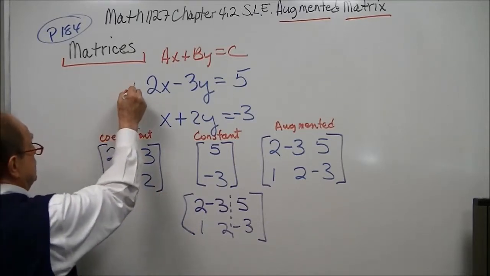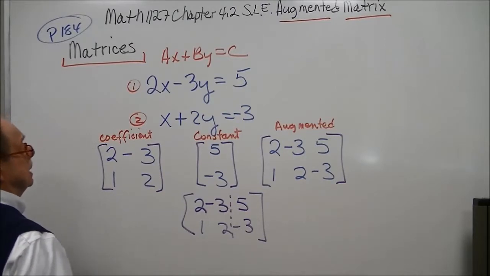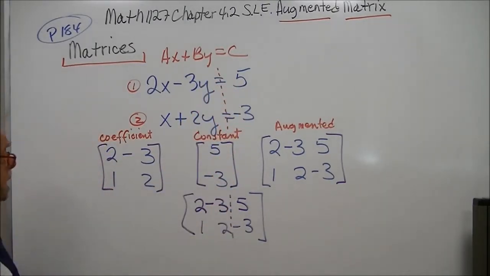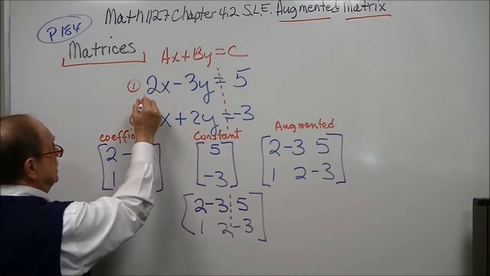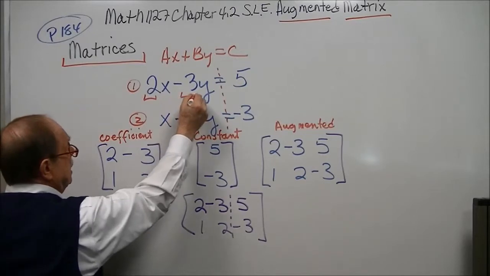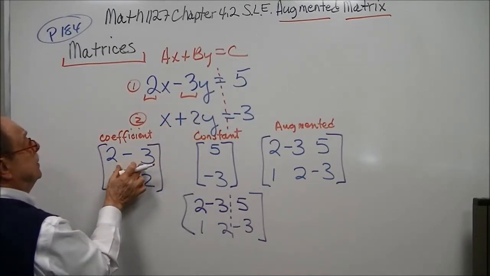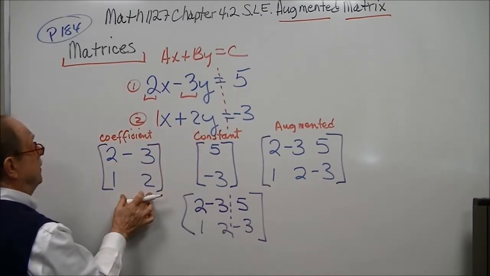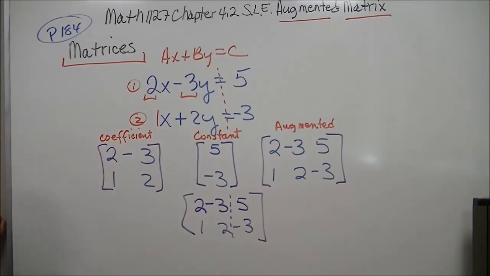So here's our equation 1. There's our equation 2. Now, I can put a little dotted line here for a moment, and you'll see why. So if we take the coefficients of our first equation, a 2 and a negative 3, put that there. A 1 and a 2, put that there. This is called the coefficient matrix.